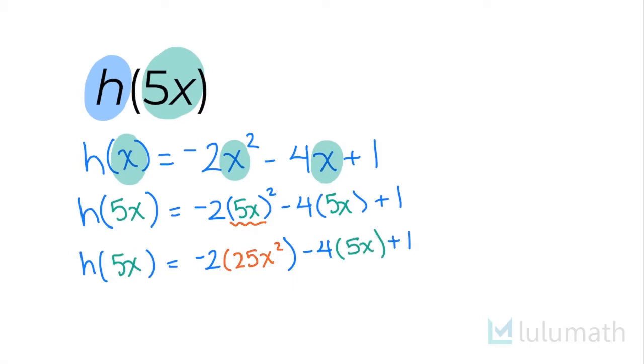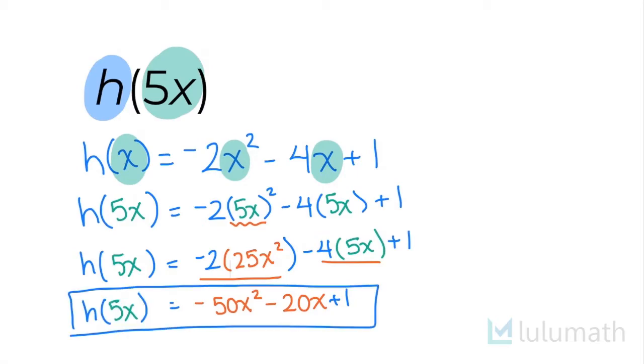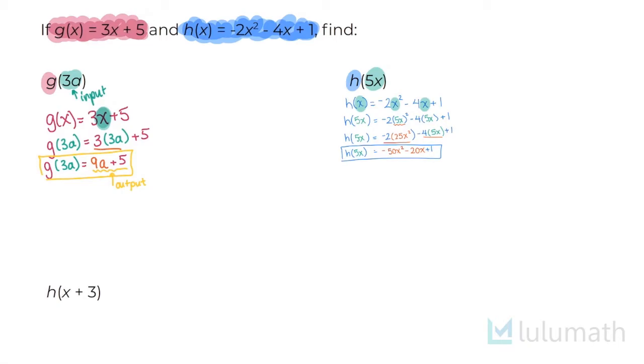Now I'm going to go ahead and do my multiplication. Negative 2 times 25x squared is negative 50x squared. Negative 4 times 5x is negative 20x. And then the 1 just tags along. This is my final answer because there are no like terms that I can put together. So I'm done.